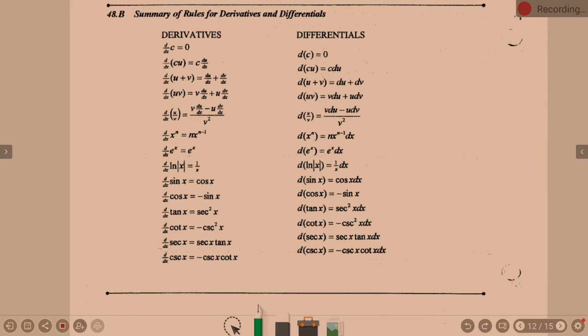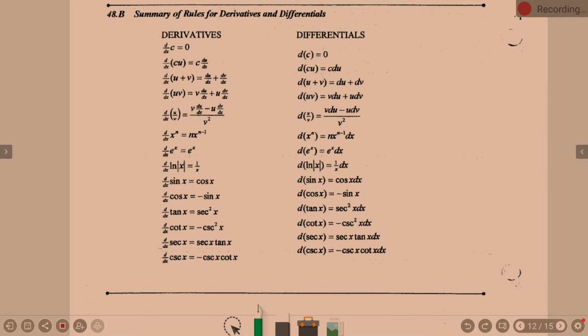So, these are just some basics: the derivative of a constant is 0. The derivative of a number times x is just the number. When you do the derivative of a sum, you just do the derivative of each piece. Product rule, the derivative of a product: keep the first, derivative of the other, and vice versa.